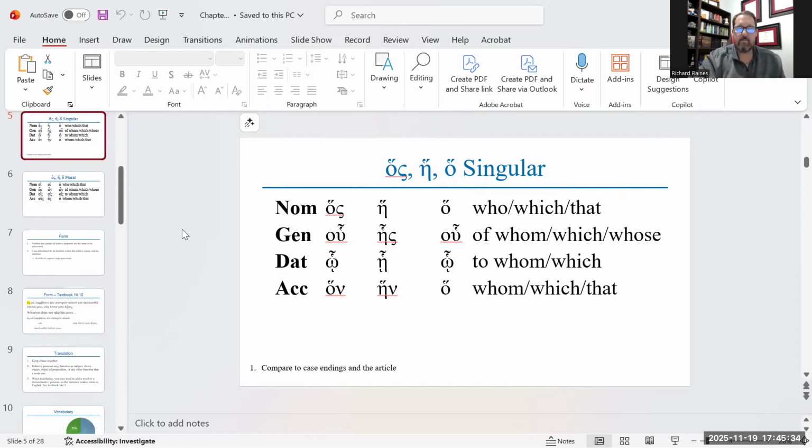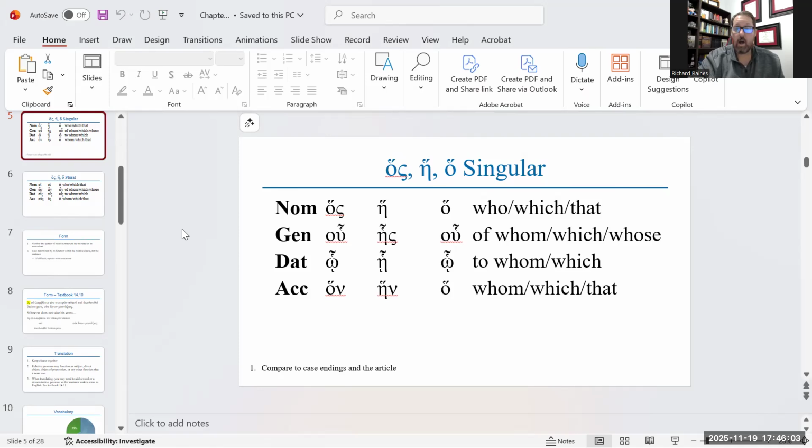You should be able to see immediately the connection to the paradigm for the nouns that we learned in, I think, chapter 7. In the nominative case, and you see they all have a rough breathing mark, this would be masculine, feminine, and neuter, right?